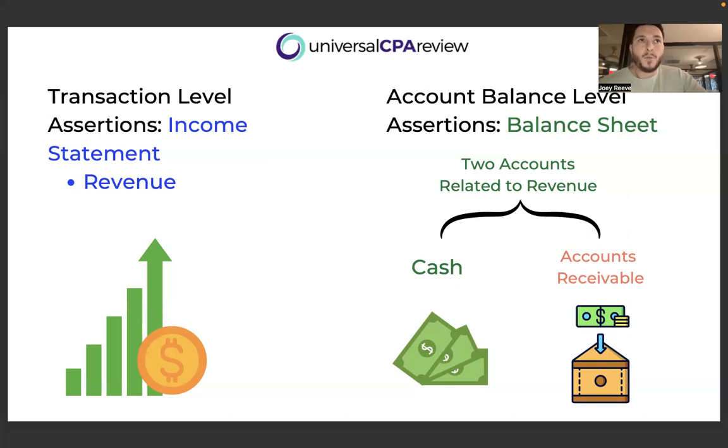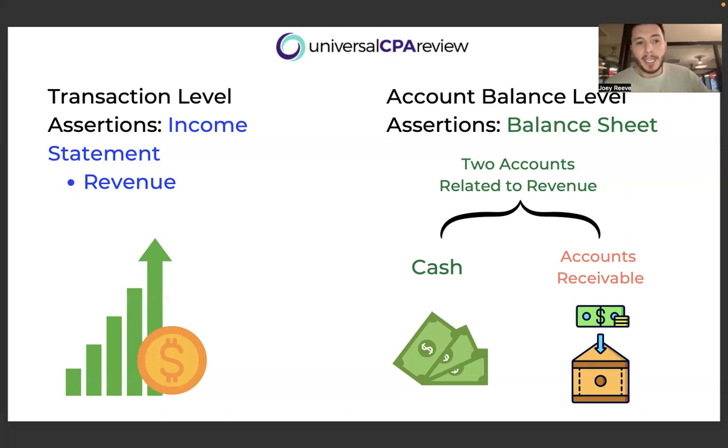When we're thinking about the risk of financial misstatements, what's the key area that management or a company would most likely try to materially misstate? The bottom line, the profits. So revenue and expenditures are definitely a risk of material misstatement, and we need to really focus our attention on them.